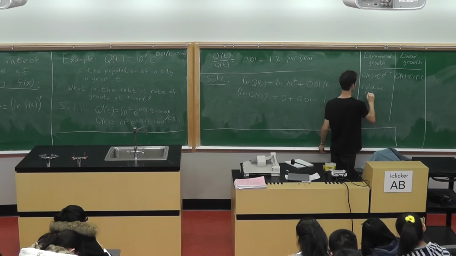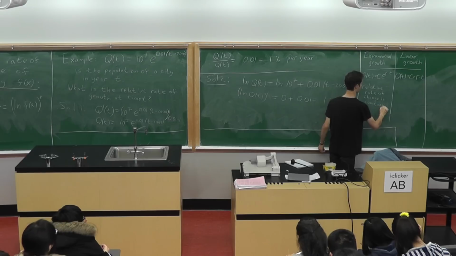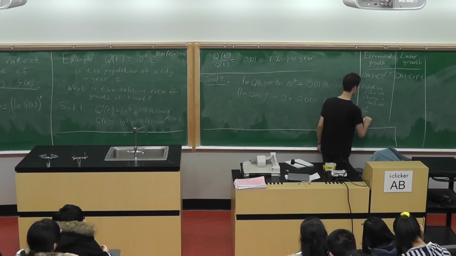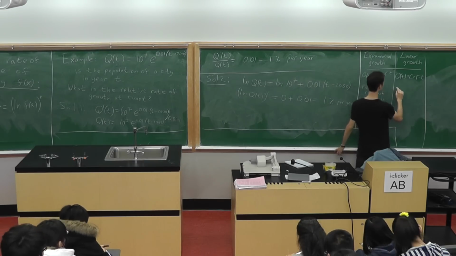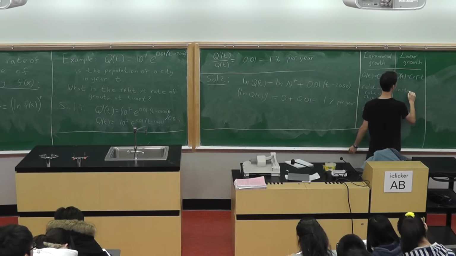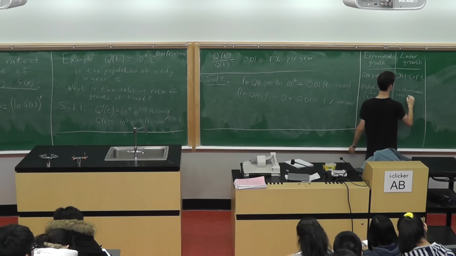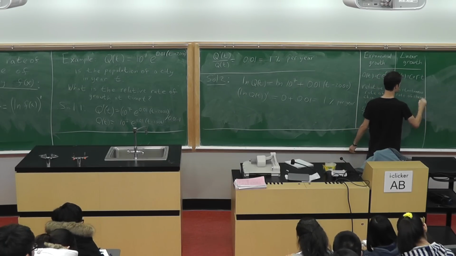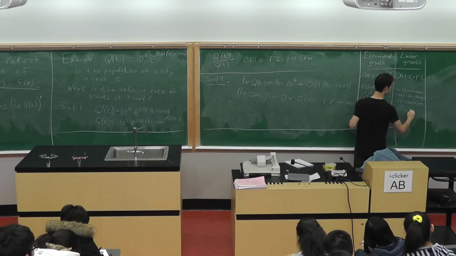The q prime over q is exactly r in this case. And here, the absolute rate of change, just instantaneous rate of change, q prime is equal to r.